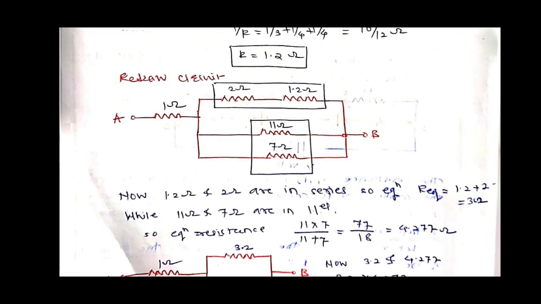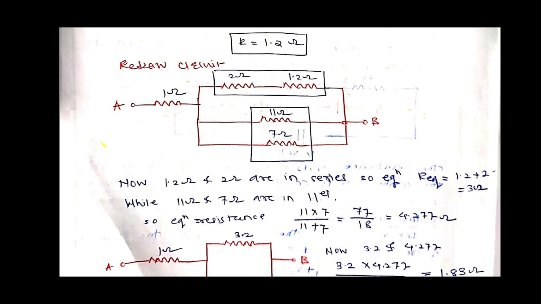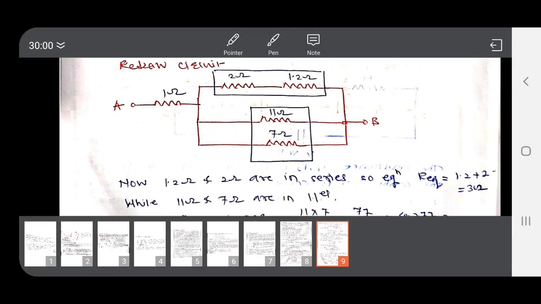Now observe this reconstructed circuit. 1.2 ohm and 2 ohm are in series, so the total equivalent resistance is 1.2 plus 2 is equal to 3.2 ohm, while 11 ohm resistance and 7 ohm resistance are in parallel.